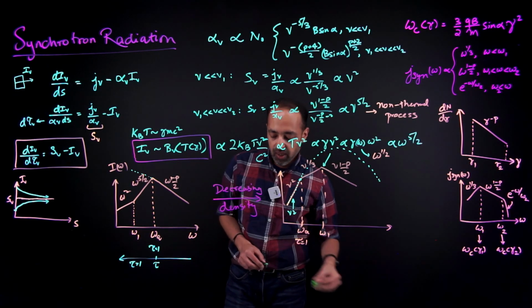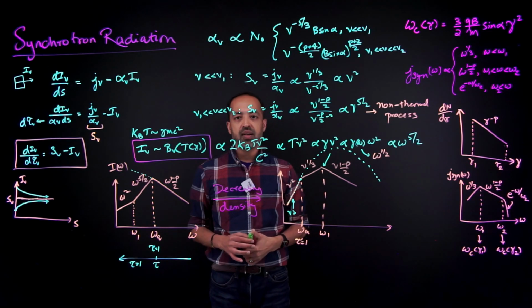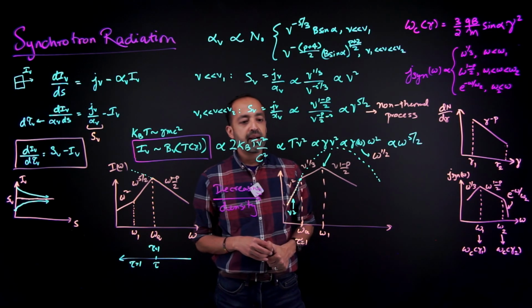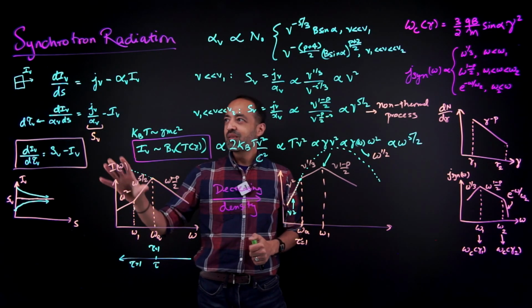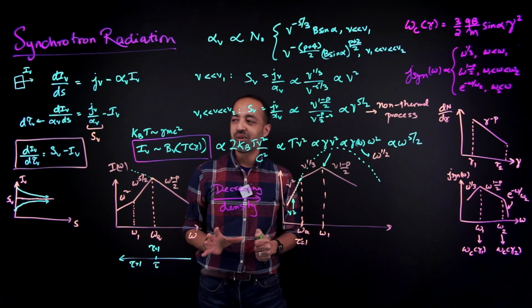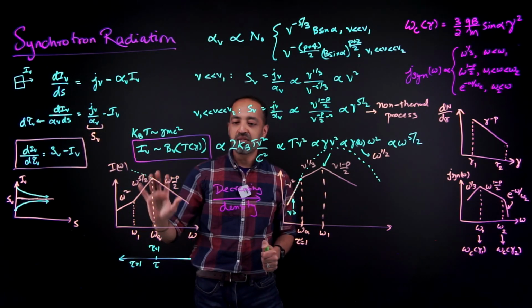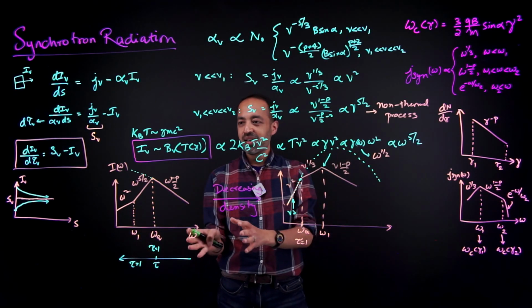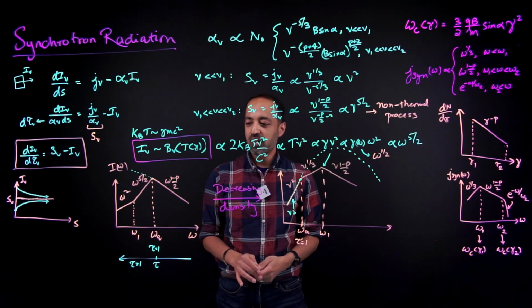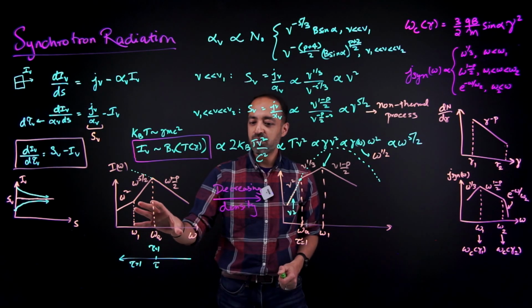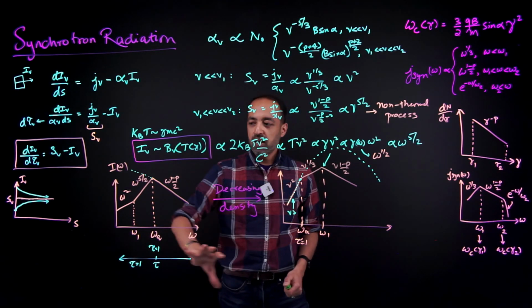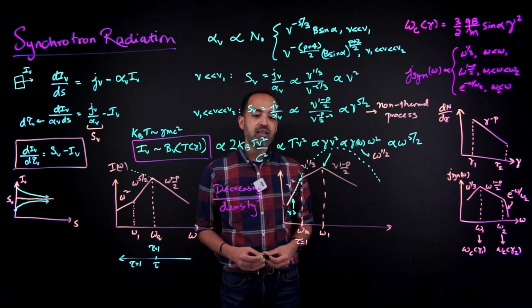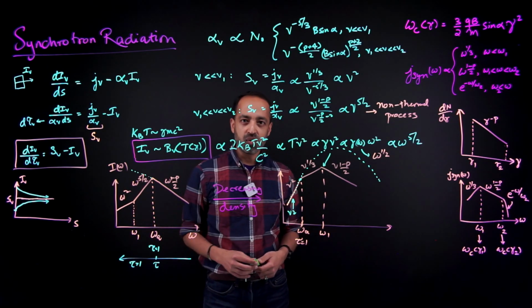So this brings us to the end of our discussion of synchrotron self-absorption. It may feel like a lot, especially given that there are lots of different aspects going on here, from the radiative transfer equation to absorption coefficients to this blackbody maximum efficiency thing we talked about. But the thing to keep in mind is that synchrotron self-absorption steepens the spectrum at low frequencies.